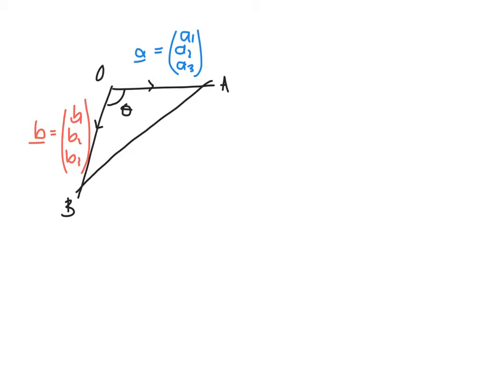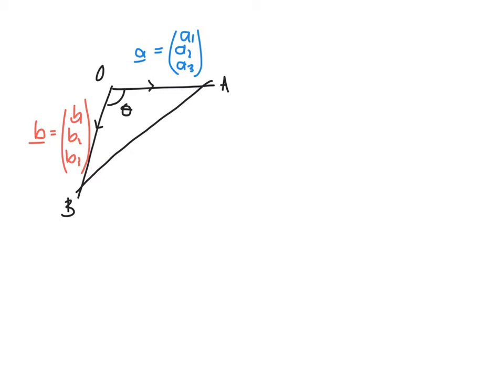So here I've got the same problem I had before, but I've just reduced the lines so that we're now in a triangle. And we've got the vector A, which is represented by A1, A2, A3, the most general vector we can draw, and B by B1, B2, and B3.